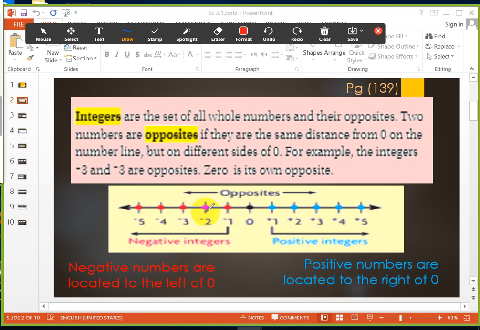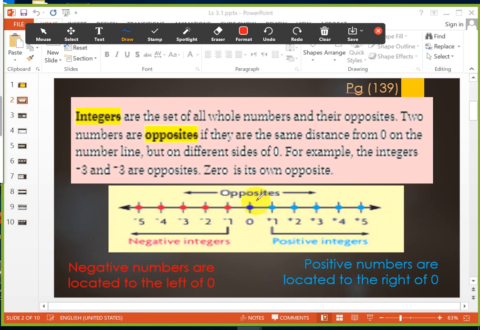Okay? So the positive integers are located to the right of the zero. So all the positive integers, that means the whole numbers with the plus sign, are located to the right of the zero.